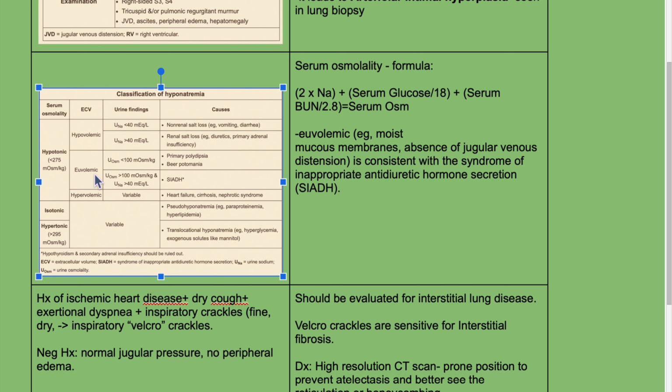If it's euvolemic, then your urine osmolality is low, lower than 100 milliosmoles per kg. You have primary polydipsia, a lot of water and a low amount of sodium in the urine, or beer potomania. What is potomania?